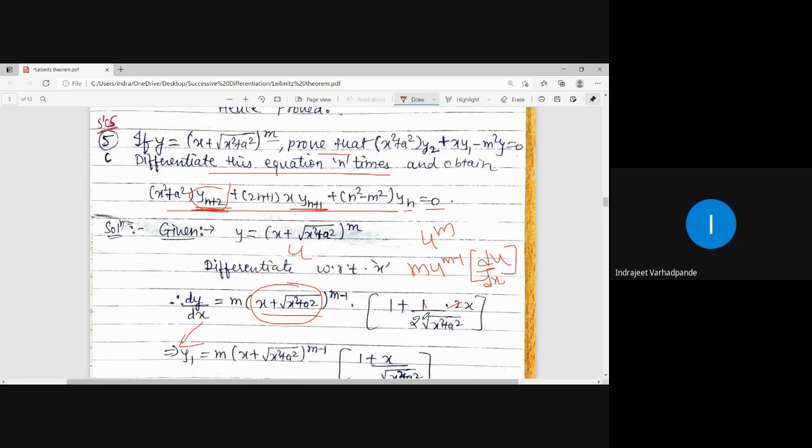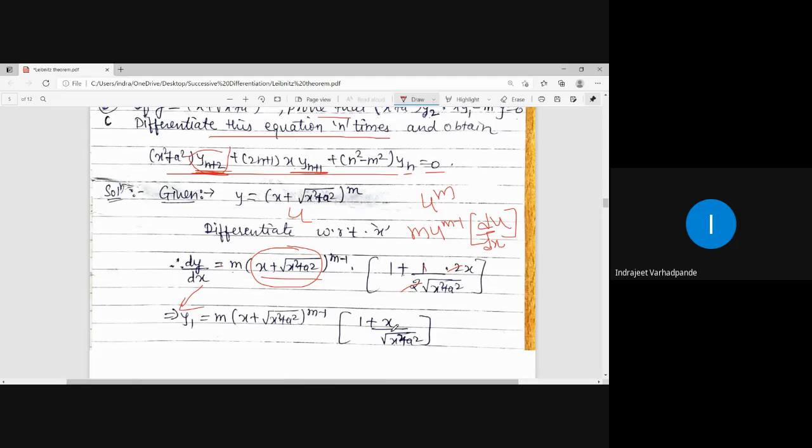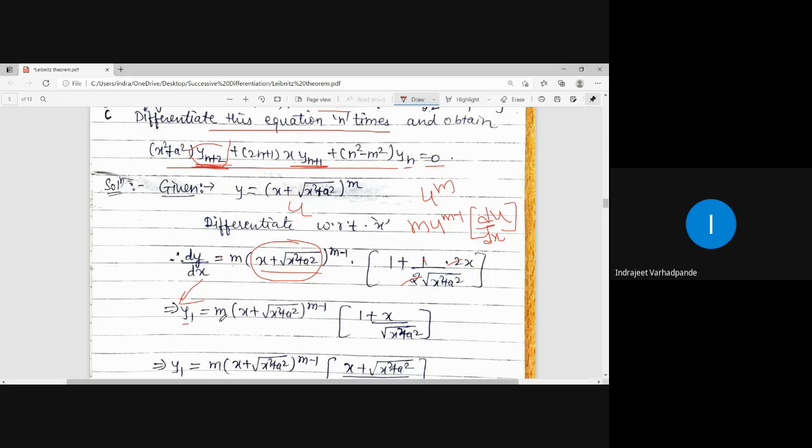Now we simplify this. This 2 and this 2 are getting cancelled. So I am left with y1 is equal to m into (x plus under root of x square plus a square) to the power m minus 1, into (1 plus x upon under root of x square plus a square). Clear? Yes, sir.